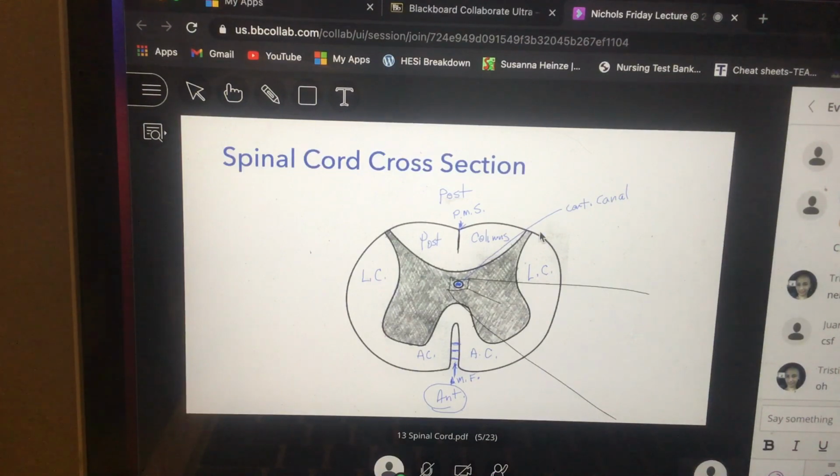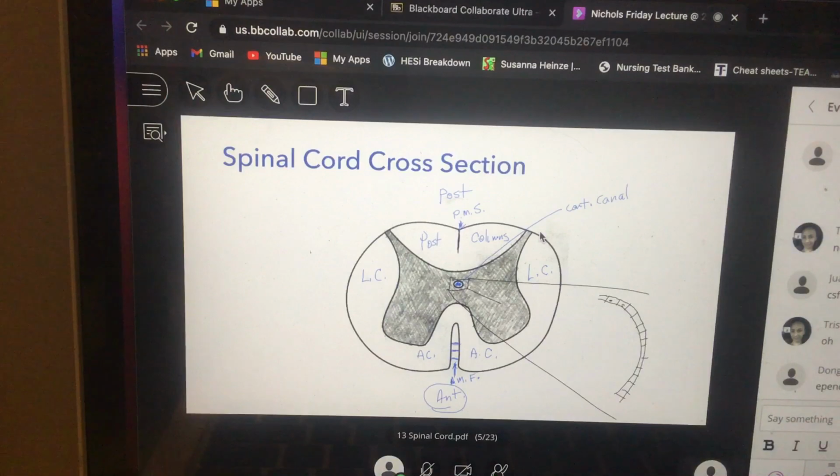Let's do a microscope view of that central canal. And if we look right along the edge, we would see these cells. What are the cells that line the ventricles and spaces of the central nervous system, and they make and secrete? You found it.